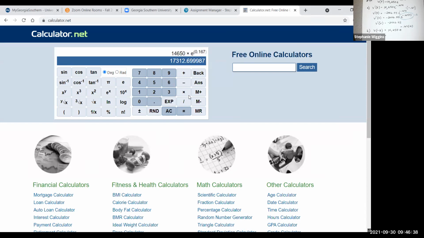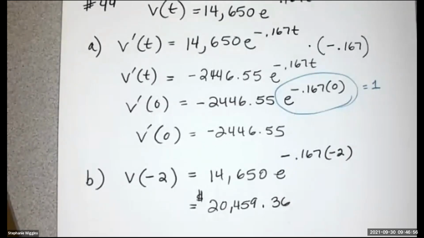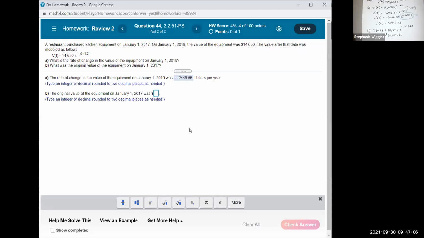The negatives are going to cancel, so I just multiply that by 2, and I get 20459, and if I round it, it's going to be 0.36. They want that in dollars. So there's my calculation right there. So going back to the homework over here, I have 20459.36.